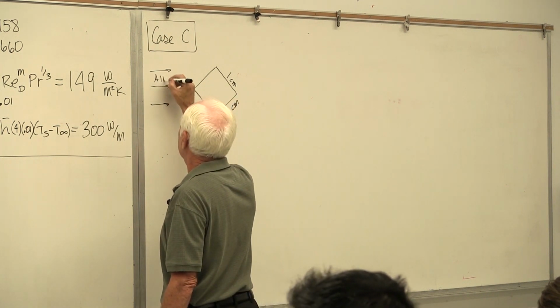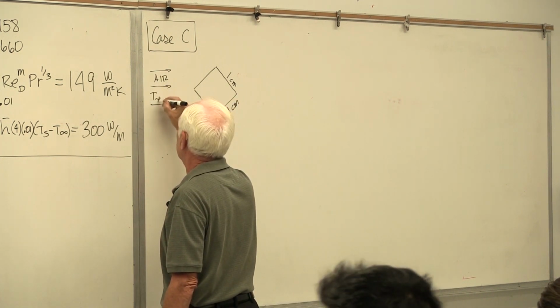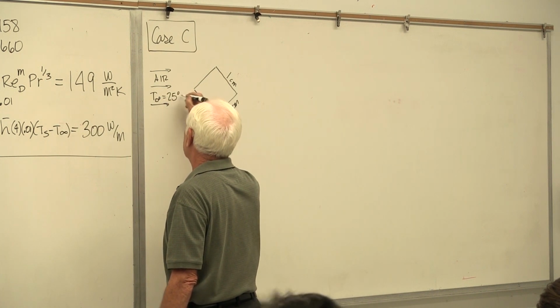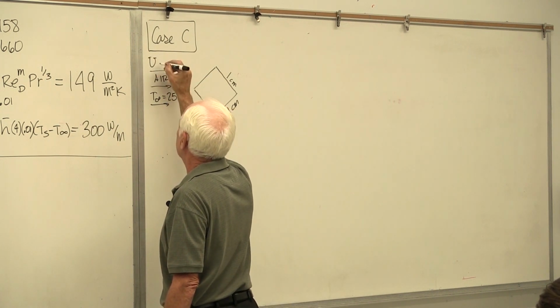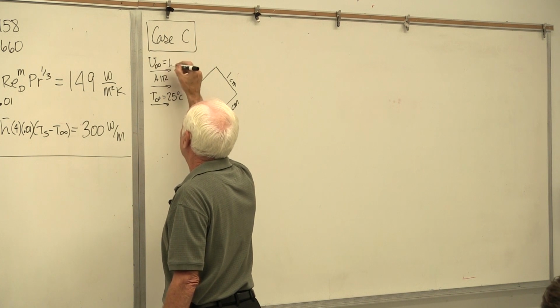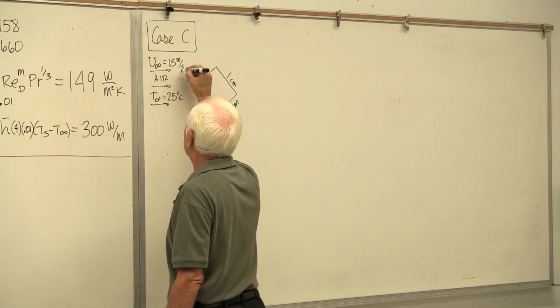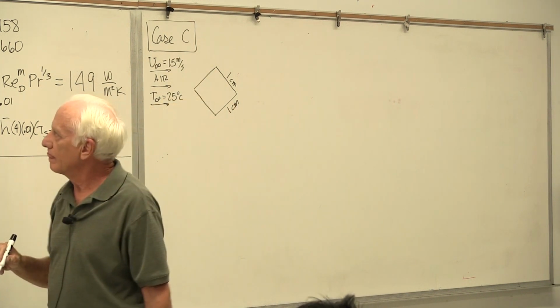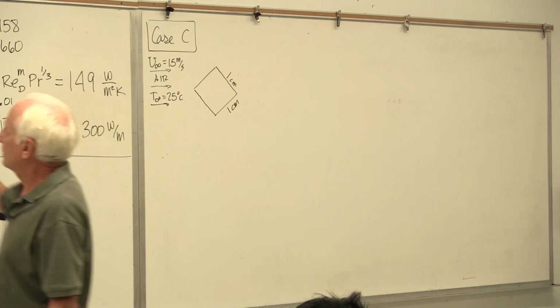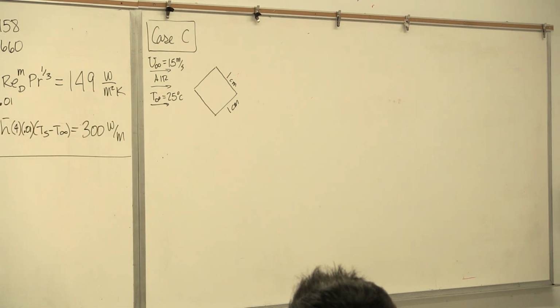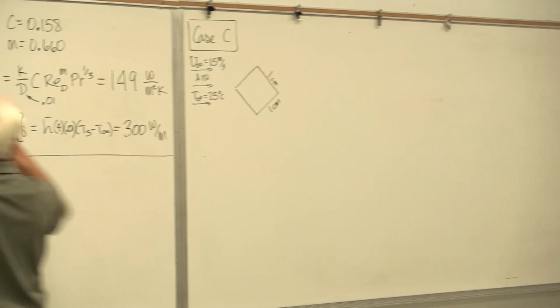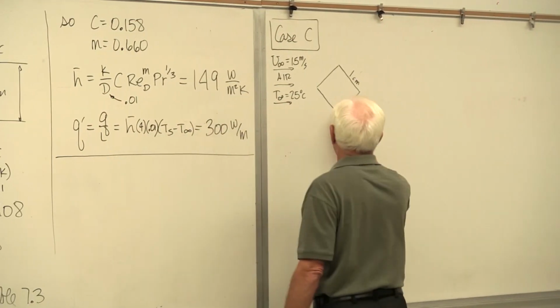It's air still, of course. The temperature of the air is 25 degrees C. U infinity, 15 meters per second. And of course, in this picture here, I didn't put it on here, but again, T surface is 75. In this picture here, T surface is 75.